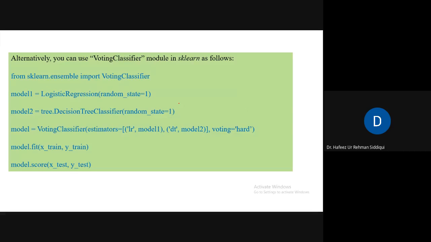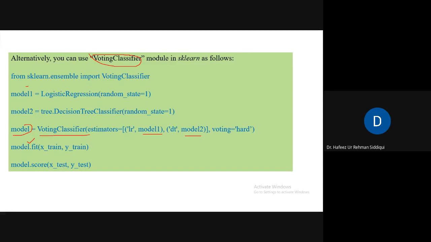This is the same one. We are using VotingClassifier, a built-in function that sklearn has. So you have model 1 and model 2, two models here. This is the built-in method, VotingClassifier. This is model 1 and model 2, and we are going to do hard voting. Train the model.